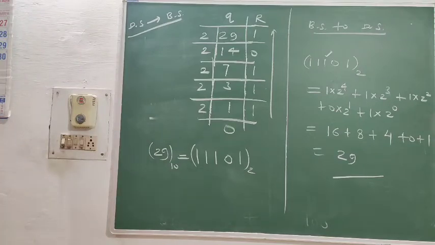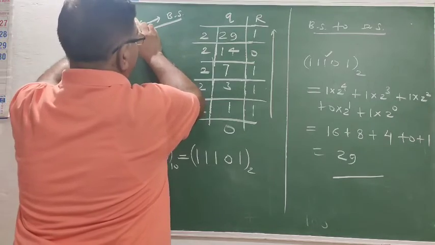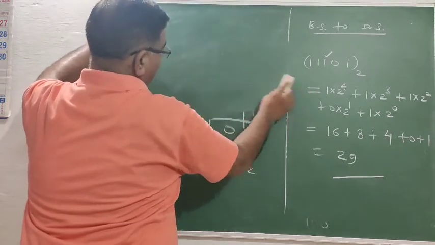Then you have the multiplication, binary operations, binary arithmetic, addition. After this conversion, you have the binary arithmetic. It may be rough. लिख लिया आपने? Yes.